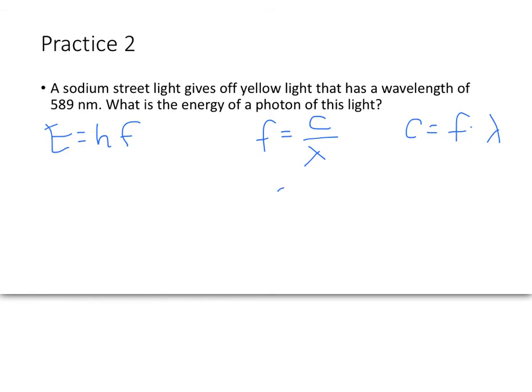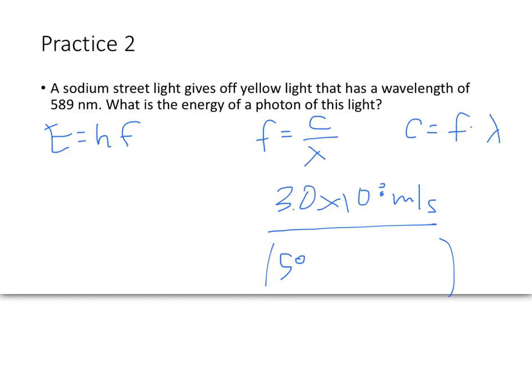So I'm going to have 3.0 times 10 to the 8th meters per second over, and then I'm going to do my conversion down here. I have 589 nanometers. 1 nanometer is equal to 1 times 10 to the negative 9th meters.